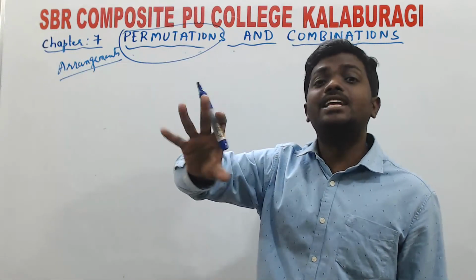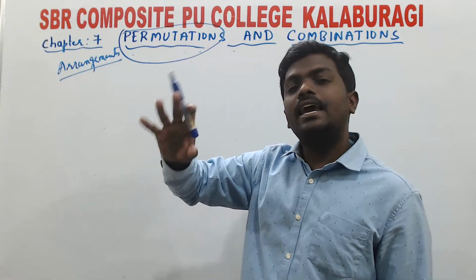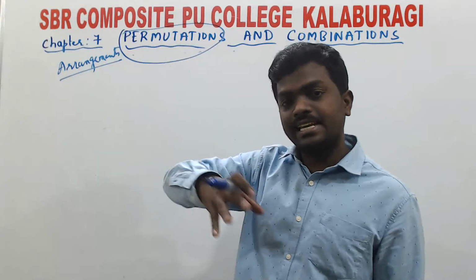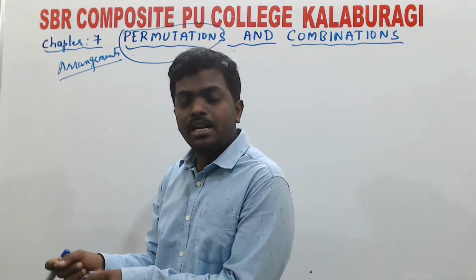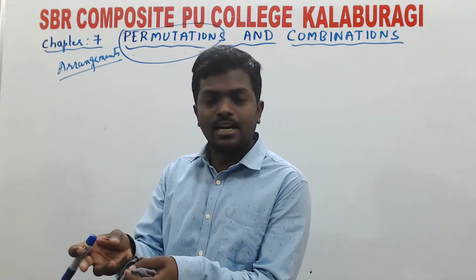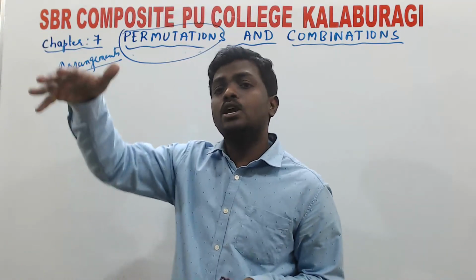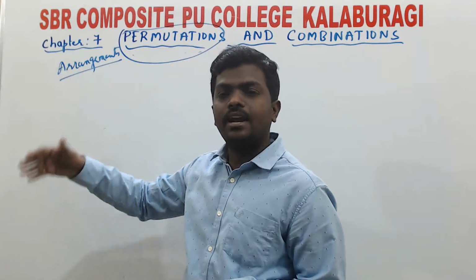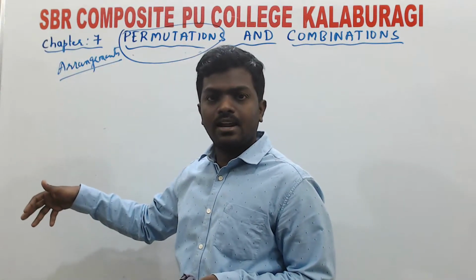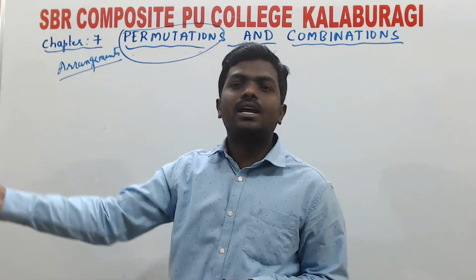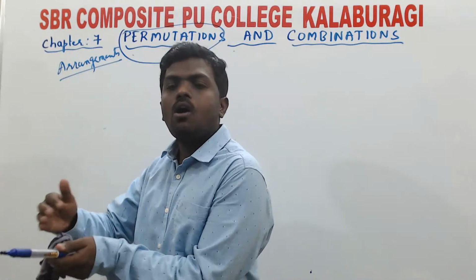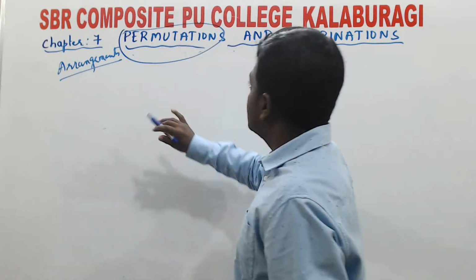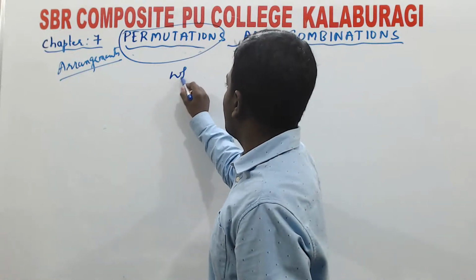Permutation is nothing but arrangement of objects or things in some definite order, as in the case of a library or a mobile or a departmental store. If you visit a departmental store, you can see cosmetic products are on one side, food items on one side, and milk products on one side, right? So they are arranged in some order, in a manner. Okay. Now next, what is combination?